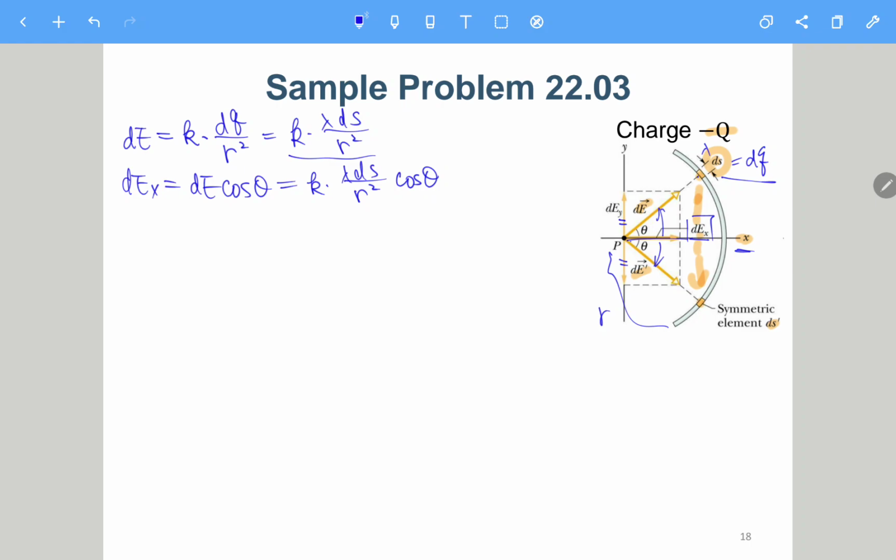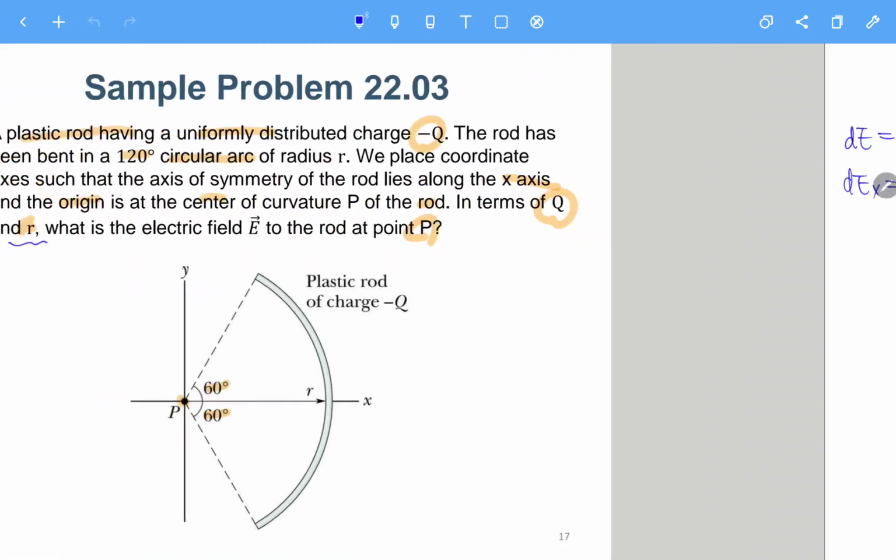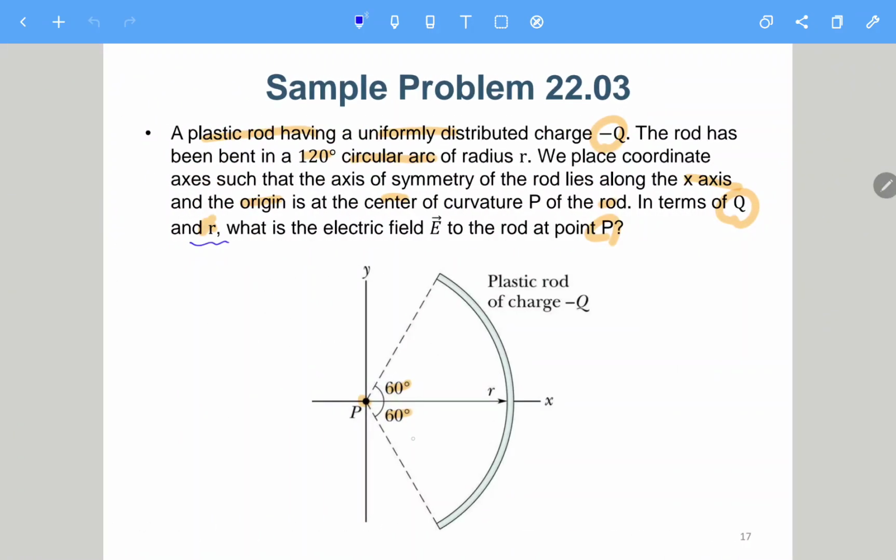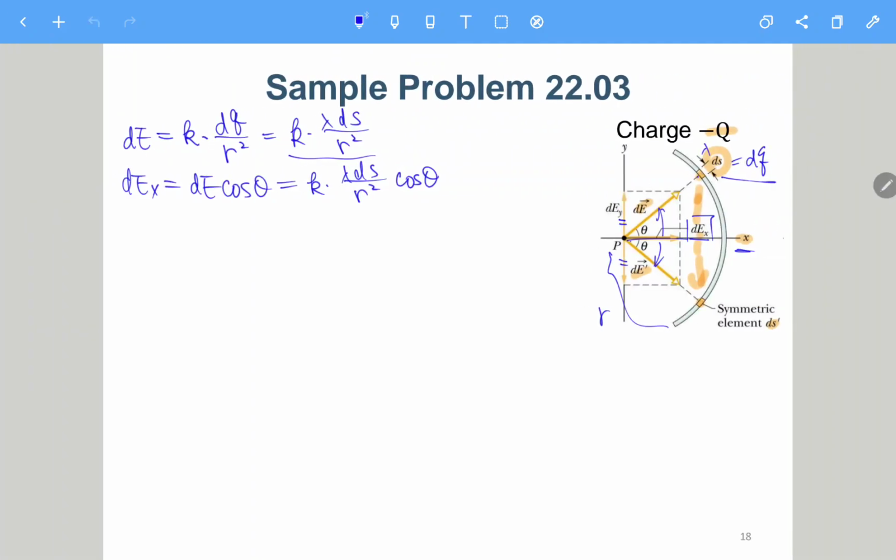When we do the integration, we will integrate over the angle from negative 60 degrees to positive 60 degrees, or in radians, since usually for calculus you use radians, 60 degrees is pi over 3, so from negative pi over 3 to pi over 3. In that case, we will use d theta rather than ds, so we need to change this variable.